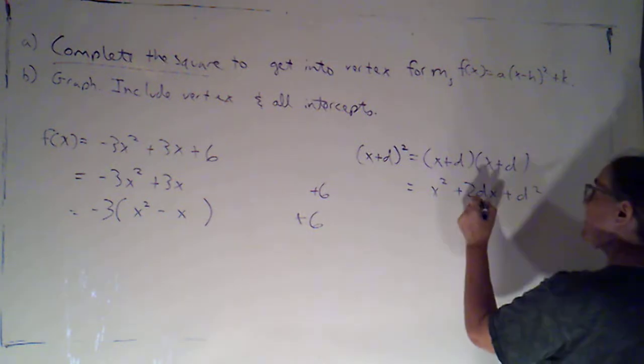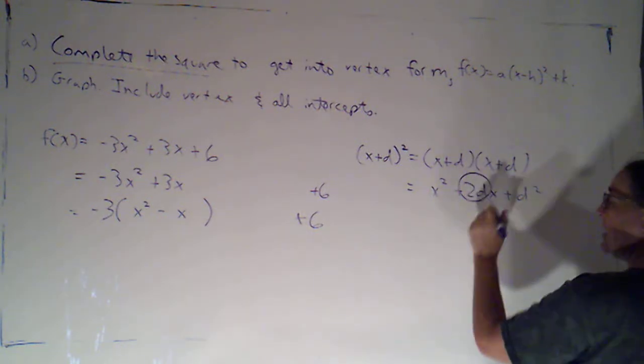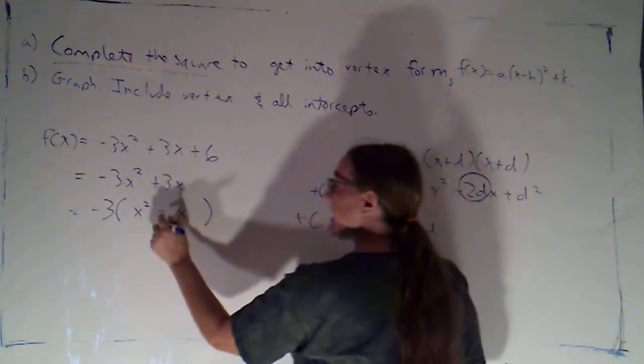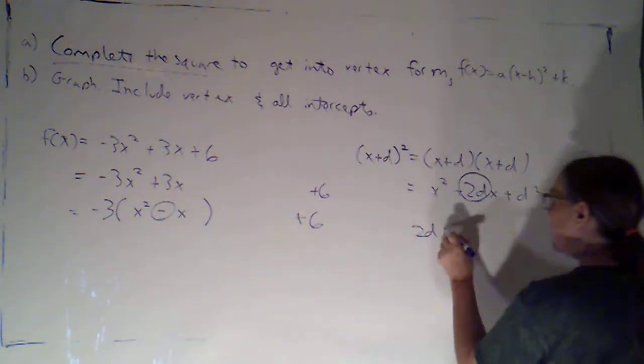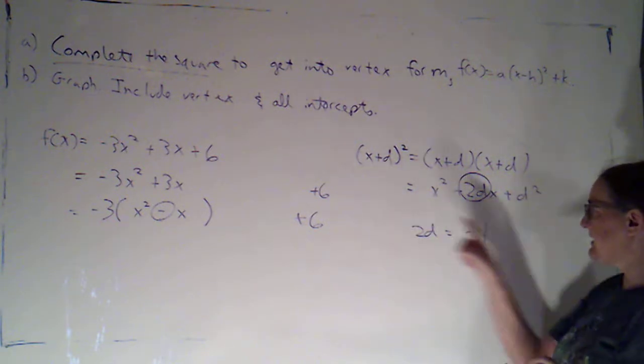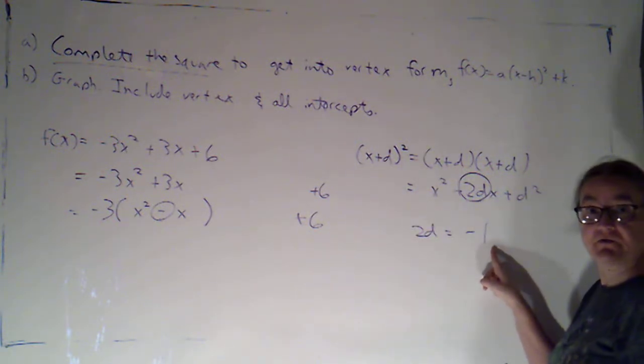Now if I look at the number of x's that I want to have, it's 2d. If I look at the number of x's that I have, it's negative 1. Notice the sign is considered part of that coefficient.